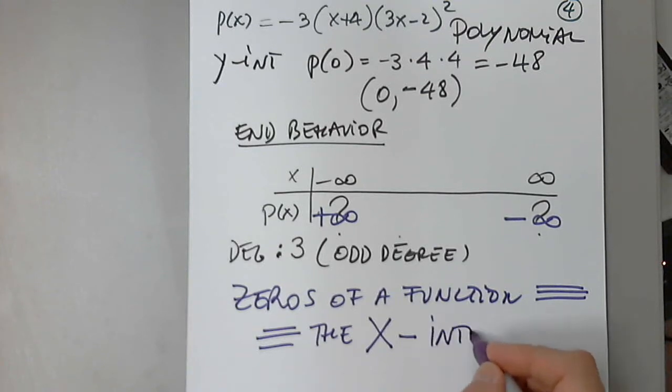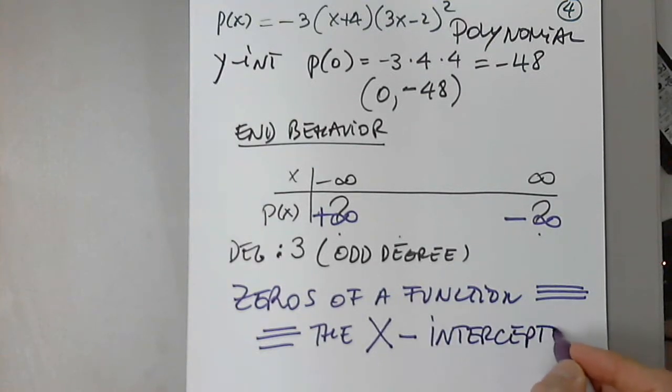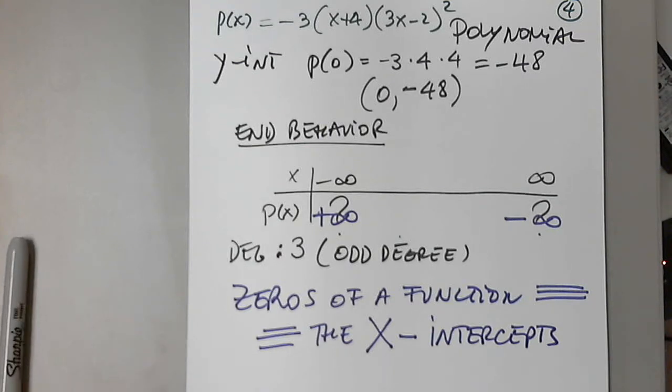Intercept. Very good. So finding the zero of a function is the same thing as finding the x-intercepts of a function. Identical. We just use two different expressions.